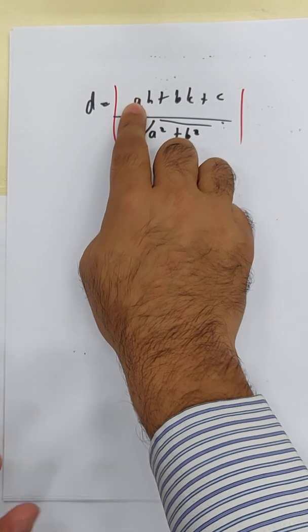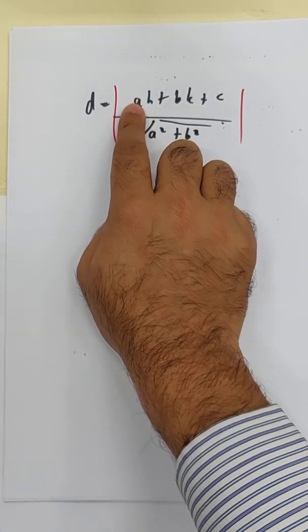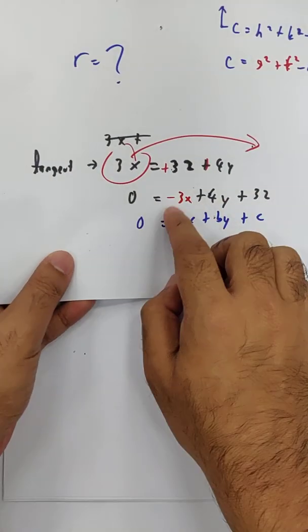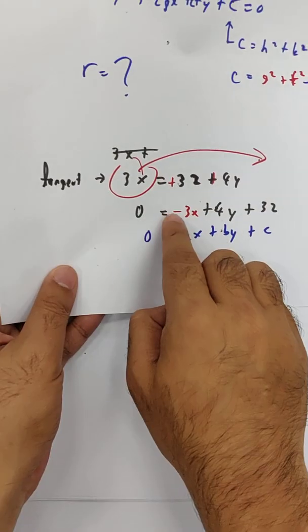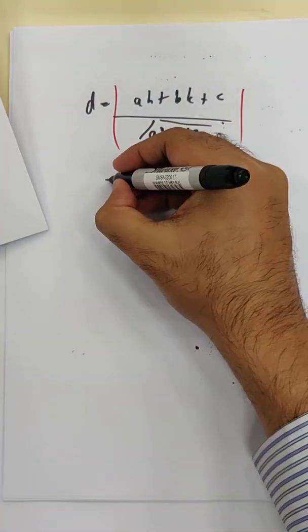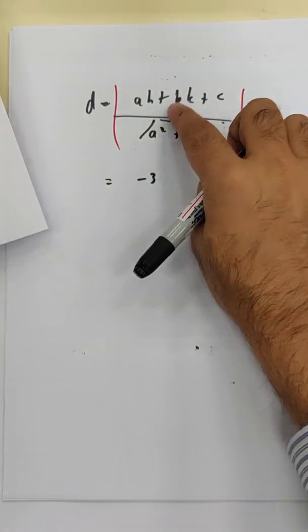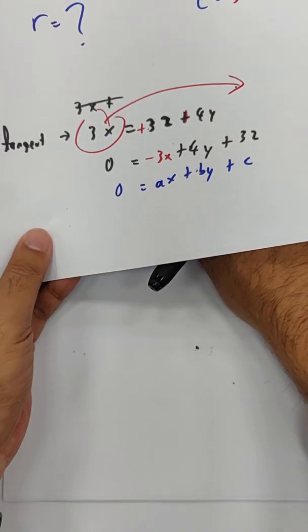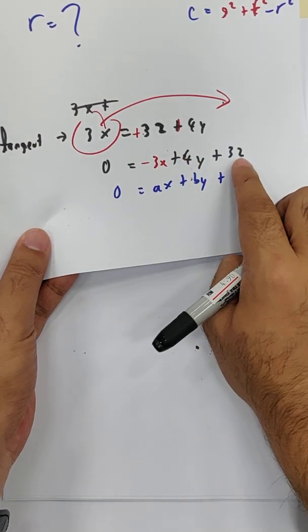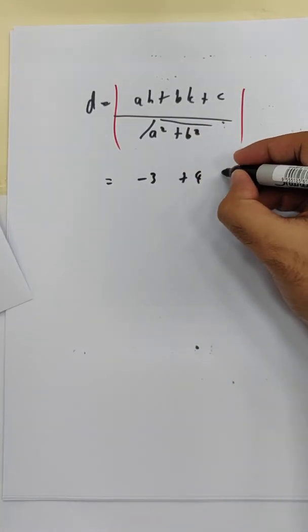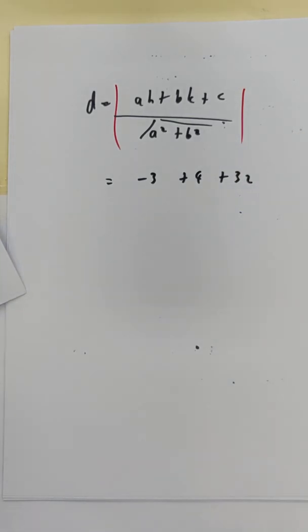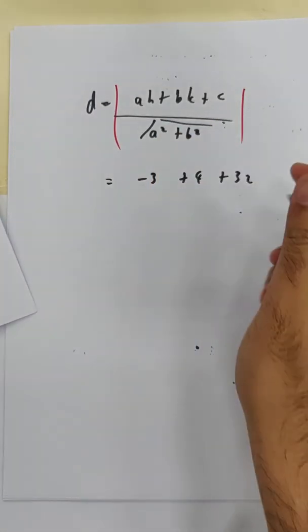Okay, so now what's my a? Let's do it bit by bit. a is -3. What's my b? b is 4, c is 32. Okay, we can continue down here.